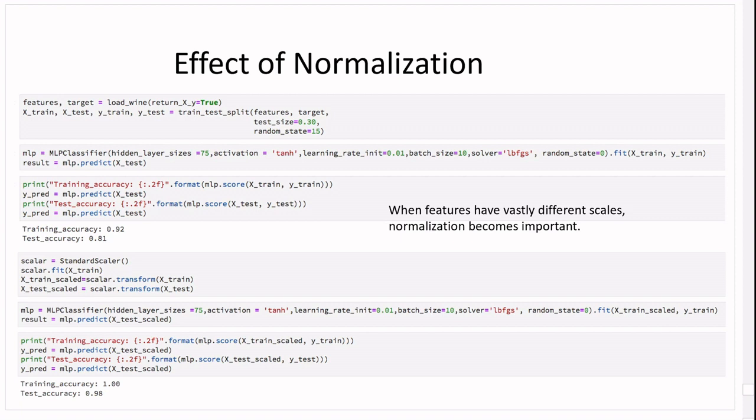Without normalizing the wine data, the accuracy on the training set is 92% and the test accuracy is 81%. On the other hand, if we keep everything else the same but normalize the training data and then do the training, we find that training accuracy jumps up to 100% and test accuracy jumps up to 98%.